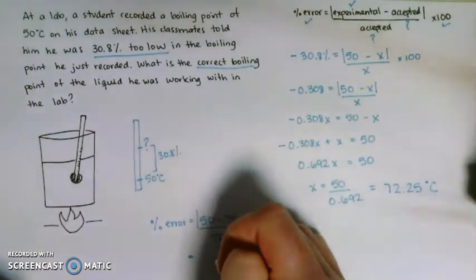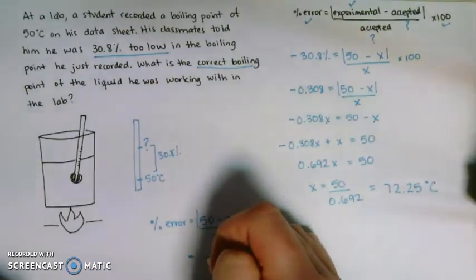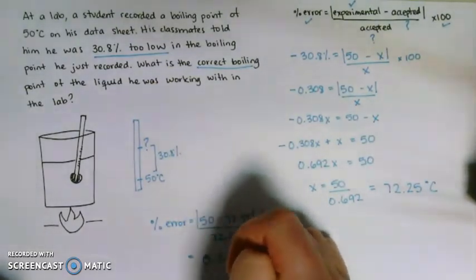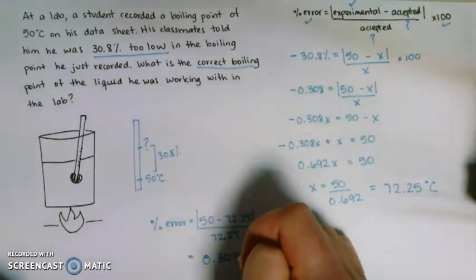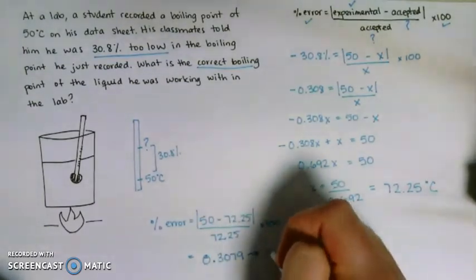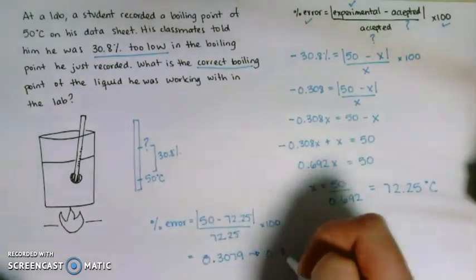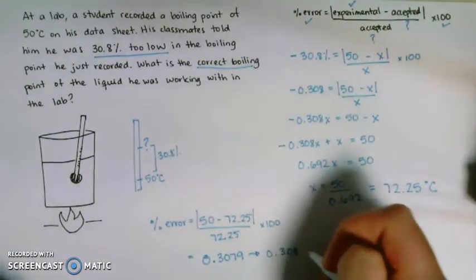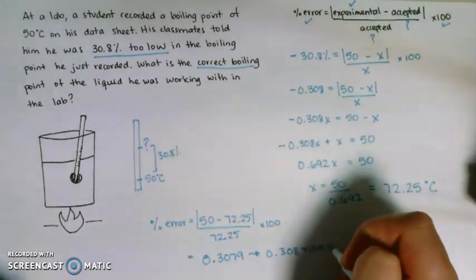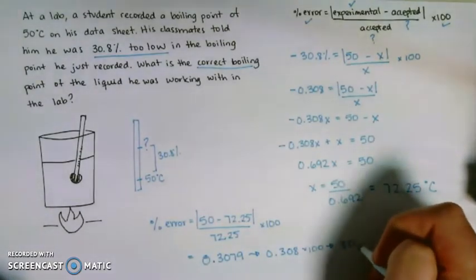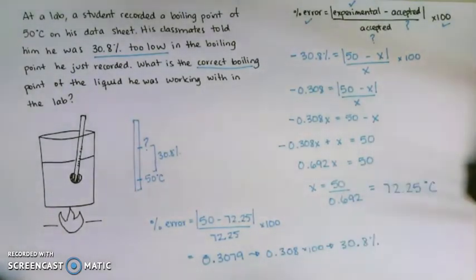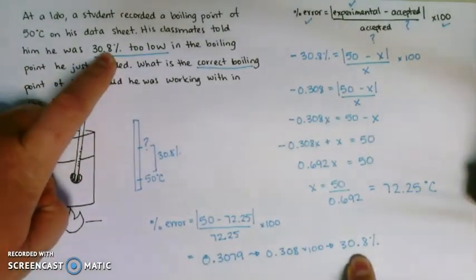My answer is going to give me 0.3079, which I round to 0.308, then I multiply it by 100, which is going to give me the percentage 30.8%, which is the same that I got here.